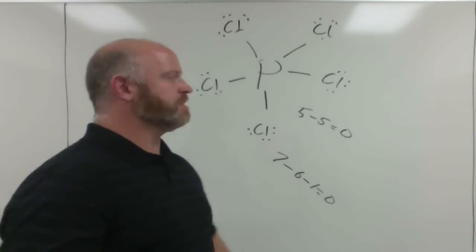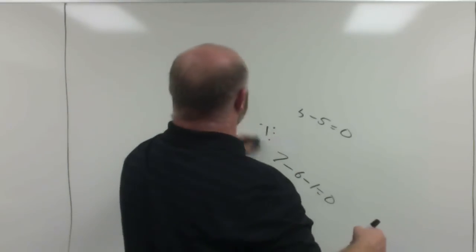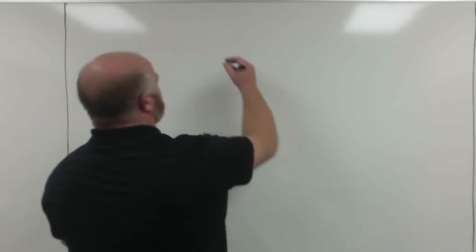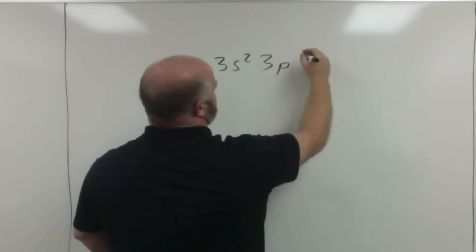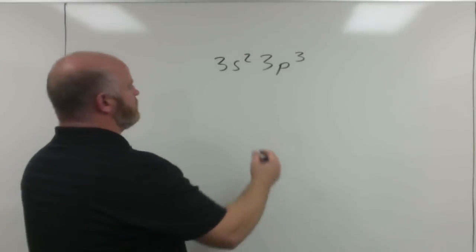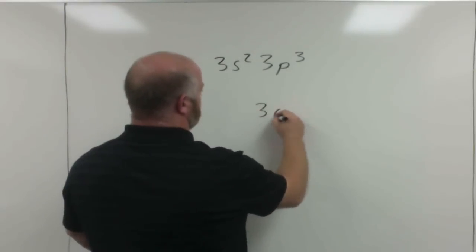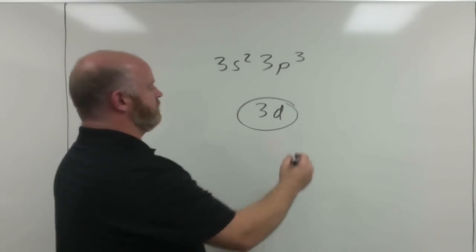This is possible because if you take a look at phosphorus's electron configuration, it ends in 3s2, 3p3. What we sometimes forget is that there's actually a 3d orbital that's completely empty.